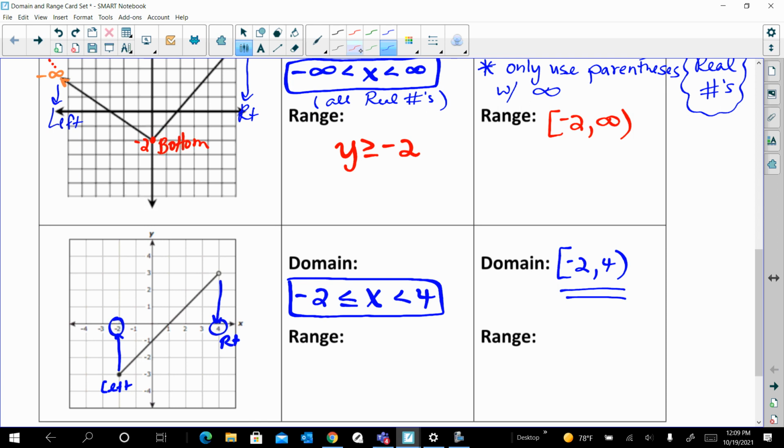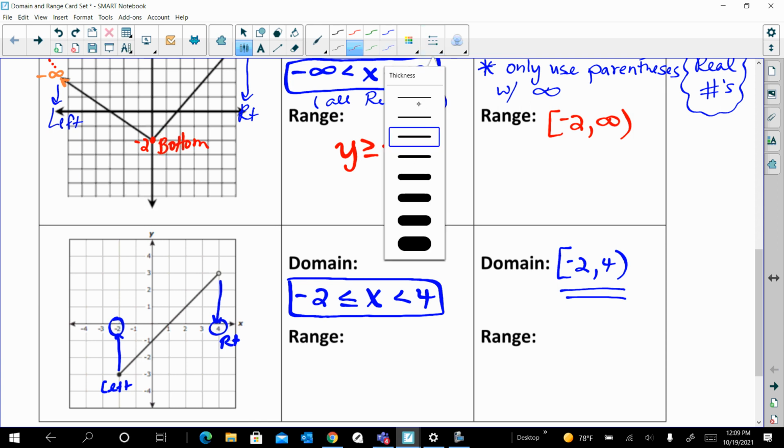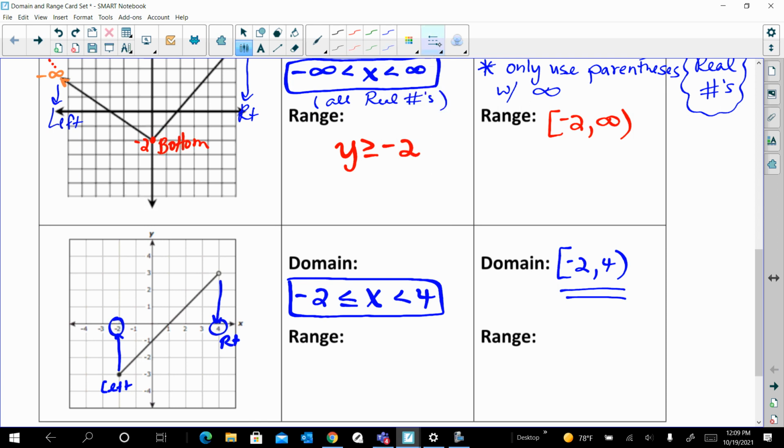All right, what would the range be here? Because the range is the bottom and the top. Where is the bottom of the graph? -3. Yep, the bottom of the graph is at a -3. Where's the top of the graph?